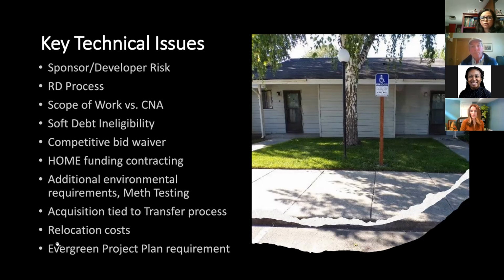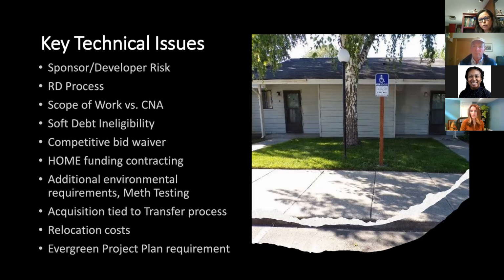There's also additional environmental requirements that we've seen in the last year. The Housing Trust Fund started requesting meth testing, and that added cost to consult with third parties, and it also requires certification if the units return over the threshold or acceptable limit through the Washington State Department of Health.